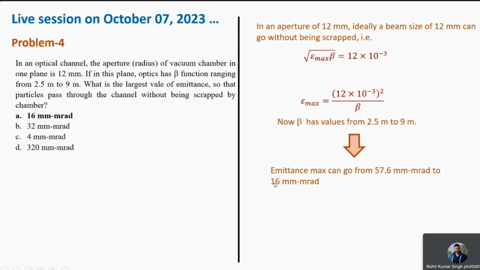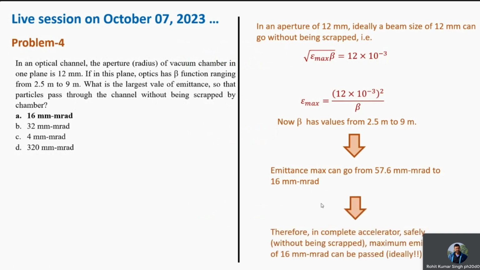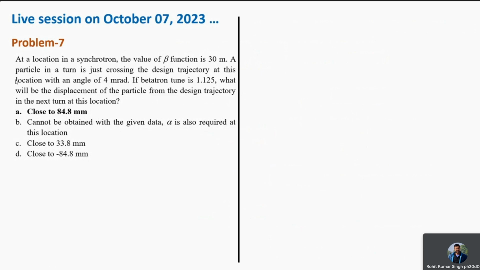If we have larger than this emittance, at certain locations it can be scraped. So 16 millimeter milliradian is the largest emittance which can be passed without being scraped through this channel. This is sometimes known as the acceptance of that channel. So the correct answer is 16 millimeter milliradian, which is option A.